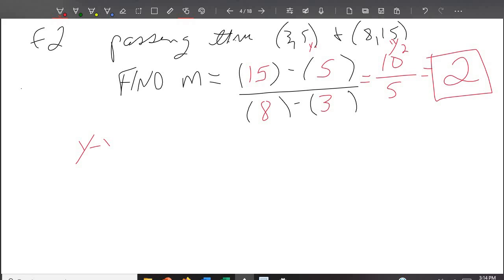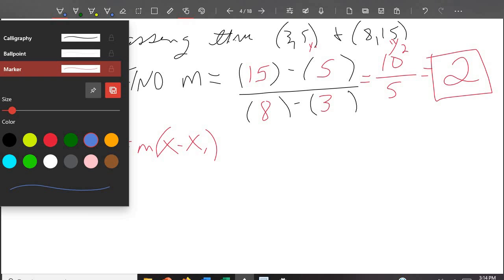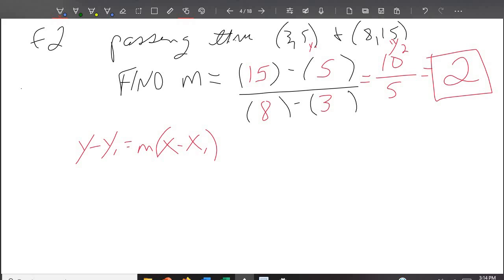Now we're going to take this formula and we're going to plug 3 numbers in. In the formula, I need a slope and a point. We just found the slope. All I need to do now is choose one of those points. Good news is, it doesn't matter which one you use. I'm going to use the 3 and 5.